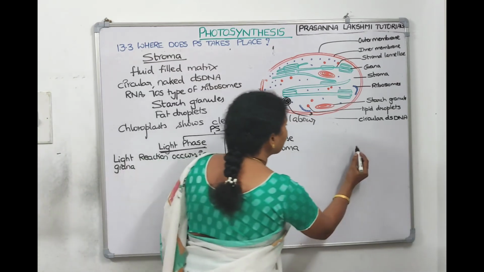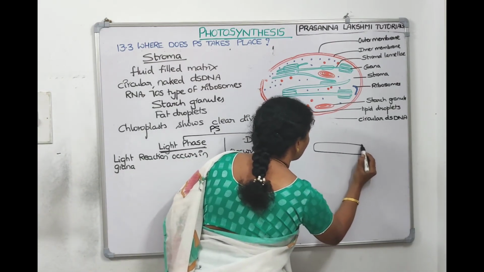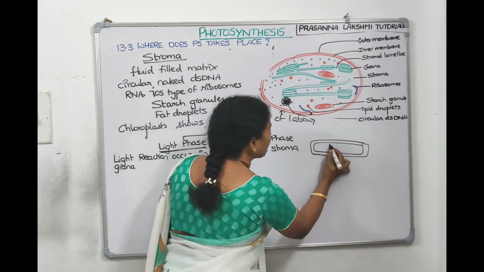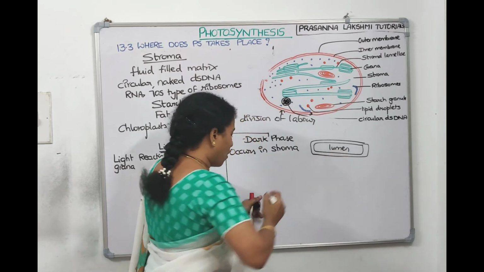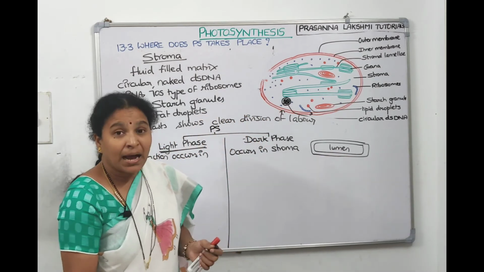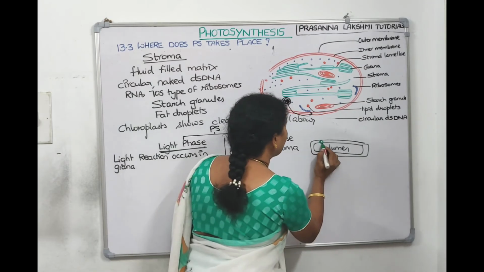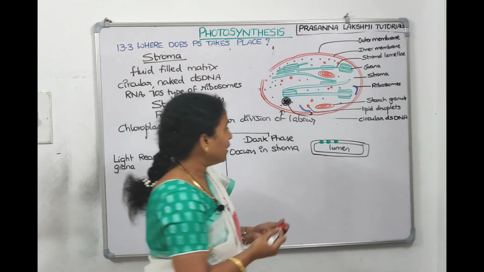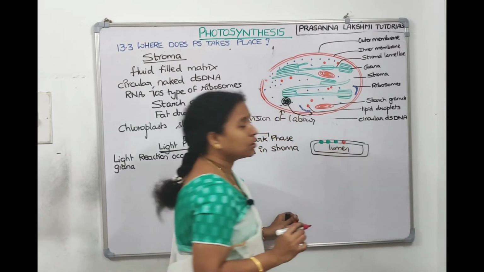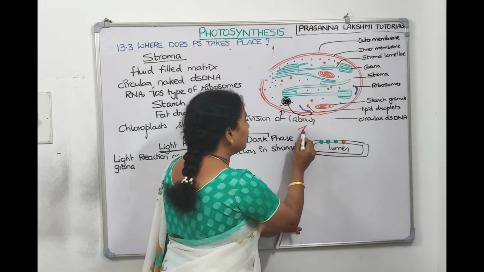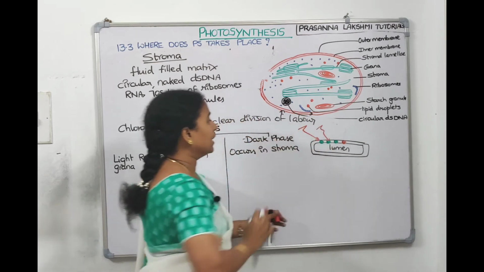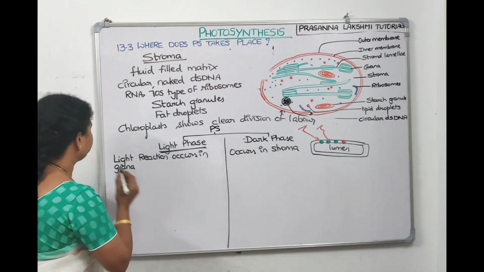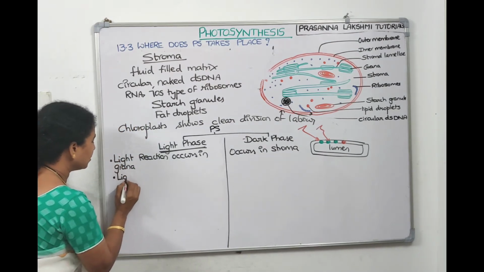If we draw one granum, this is a thylakoid membrane. The inner space is called lumen. On the thylakoid membrane there are pigments: chlorophyll A, chlorophyll B, carotenoids, xanthophylls. The pigment is the one which traps sunlight. So what happens in the light reaction?